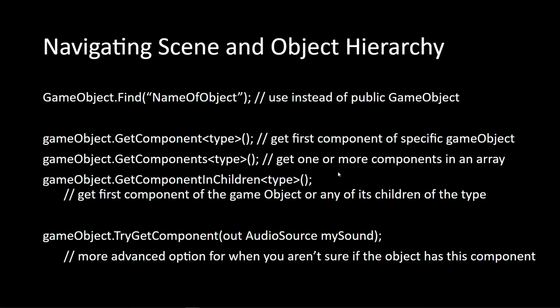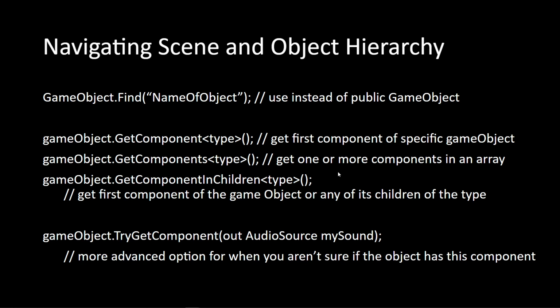Right. This one's a bit of a reminder, and also to introduce you to a couple of other little things about navigating a scene. People, for the most part, did a really good job of working through the scene hierarchy and object hierarchy. One of the first things you discover is, of course, GameObject.Find, a static method across all game objects.